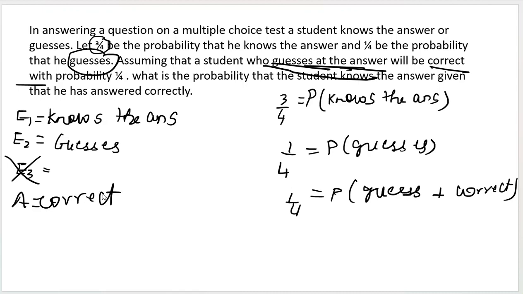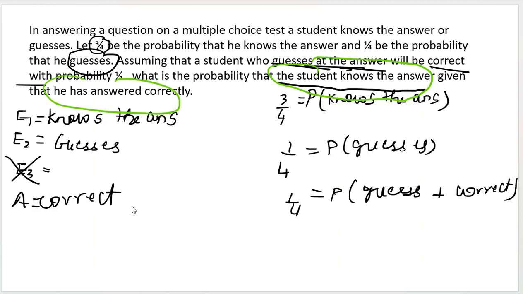Now we have to know what probability we are told to find. We are asked what is the probability that a student knows the answer, given that he has answered correctly.